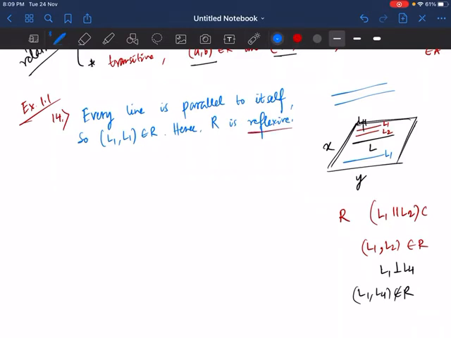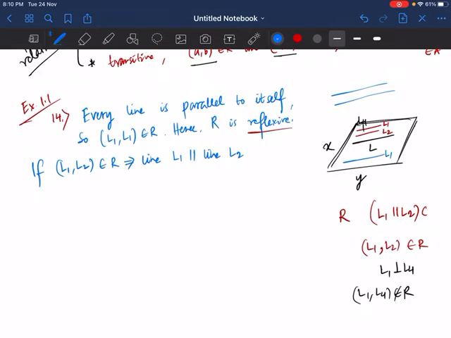Now let's move on to the symmetric one. For this, I will take two lines which are parallel. Suppose lines L1 and L2 are parallel. So I write, if (L1, L2) is an element of R, what does this mean? It means that line L1 is parallel to line L2.